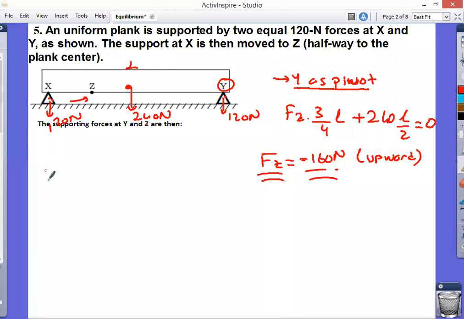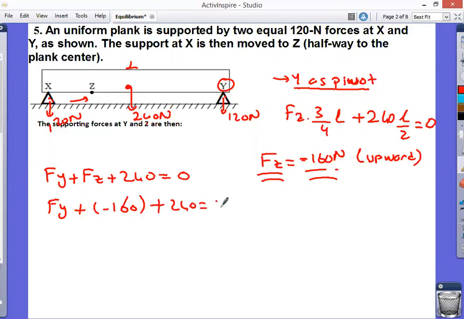So to find the Y, we are going to use this formula: Fy plus Fz plus 240 equal to 0, right? When you add all of them, you're going to get 0. So Fy plus, we found negative 160 Newton, our Z, plus 240 Newton equal to 0. Negative 160 plus 240 is going to be positive 80, right?